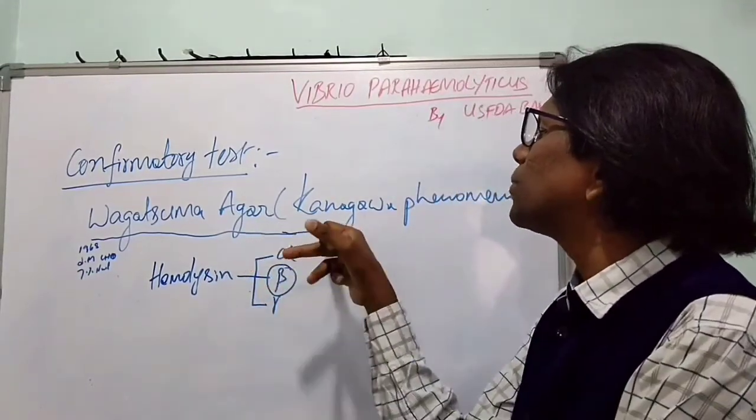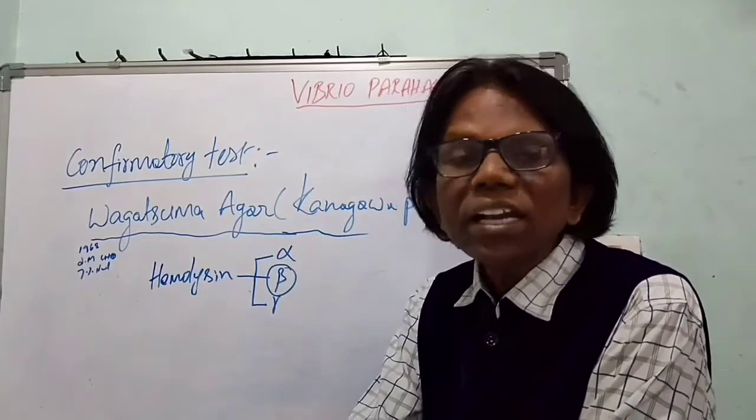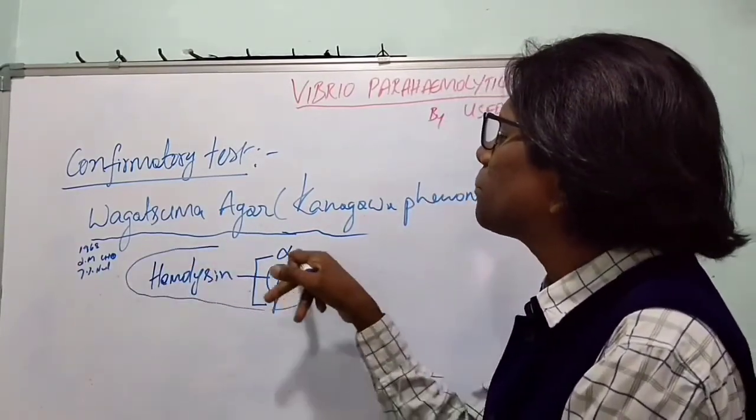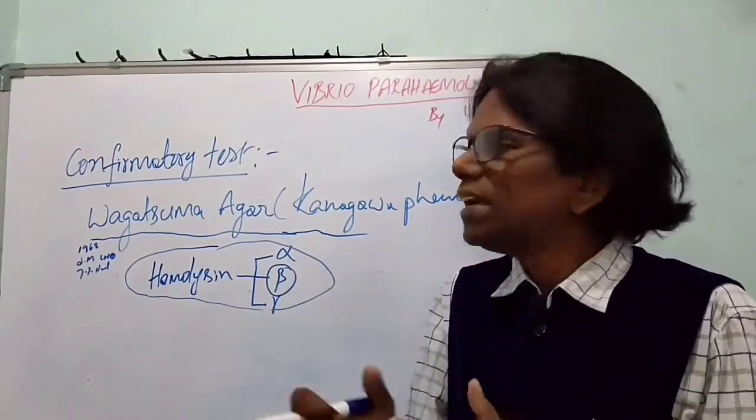This medium was developed by using human blood or rabbit blood. So the hemolysis will occur after the Wagatsuma plates are prepared.